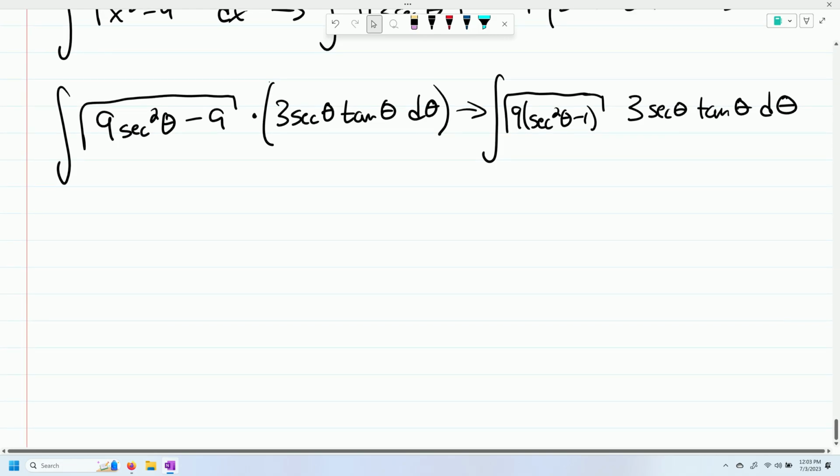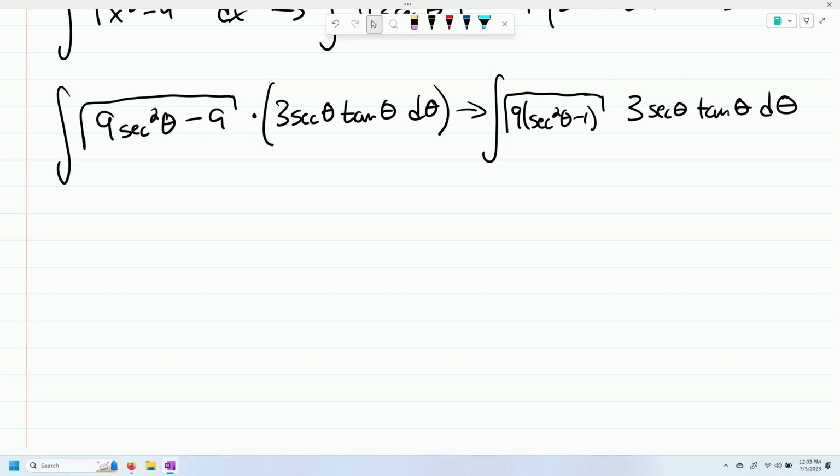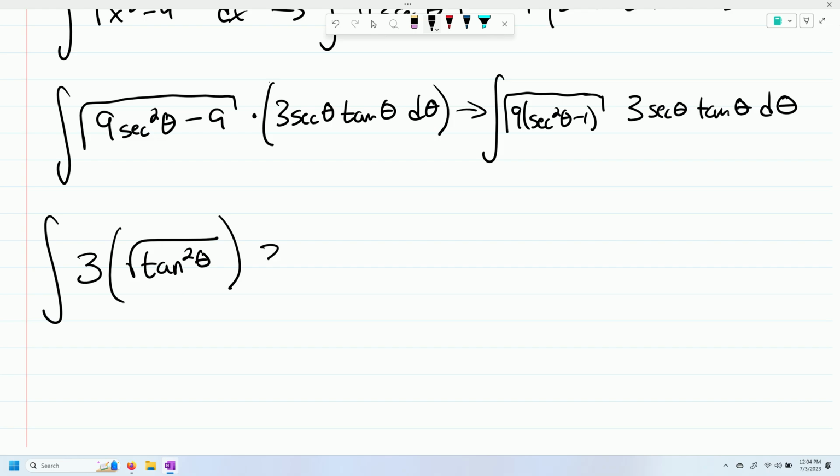Separating the radical and then substituting, first, square root of 9 is 3, times the square root of tangent squared theta. I don't want to do too many moves at once, we'll keep it nice and simple. There's our Pythagorean identity. Then we still have all this off to the right-hand side.